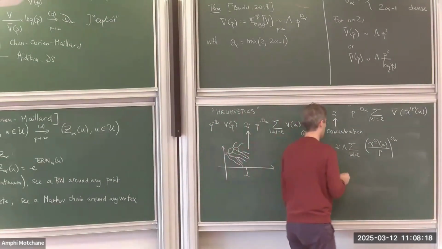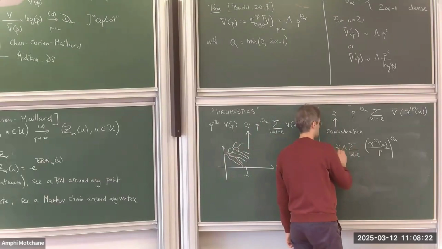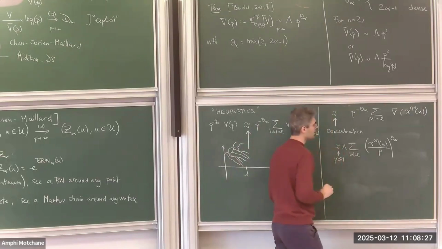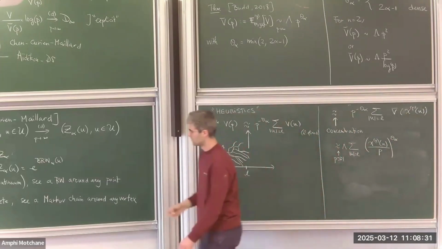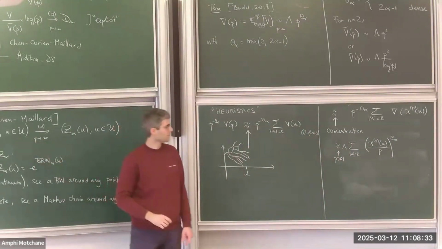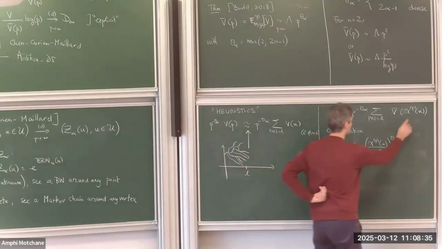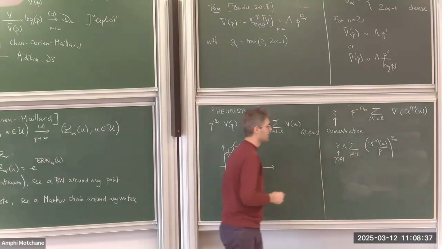Okay, so this is just for p large. For p large, we know that this thing behaves like p roughly from this result. So this is going to infinity, and we can use the asymptotics for the volume to say that this is roughly this sum.